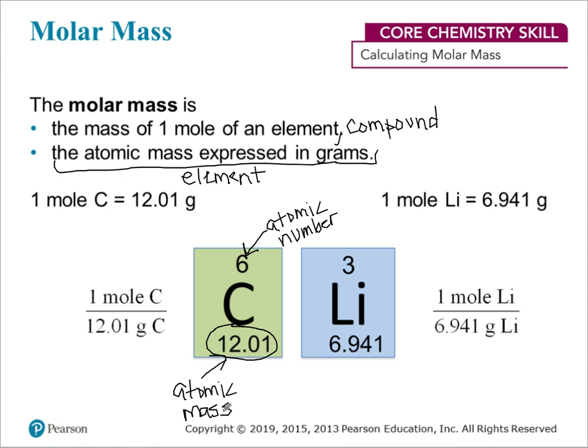That's where you would get your molar mass if you're dealing with one element. If you're dealing with a compound, we're looking at the sum of all elements and their molar masses.